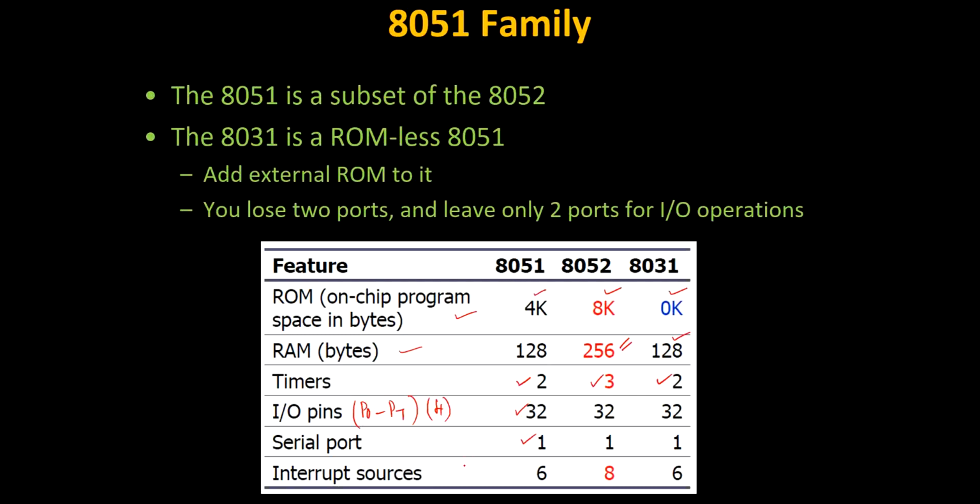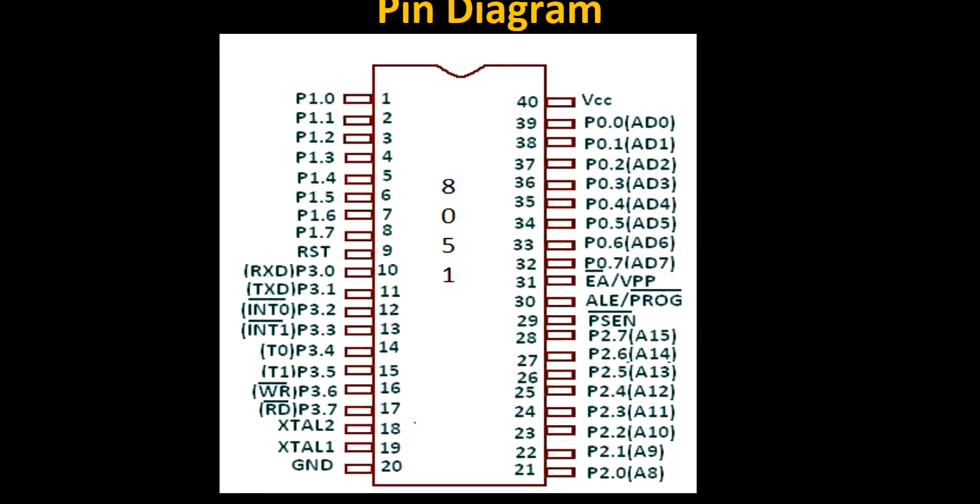Then the interrupt sources: 8051 has 6, 8052 has 8, 8031 has 6. So this is a brief difference of the 8051 family. Next we'll come to the pin description of 8051.